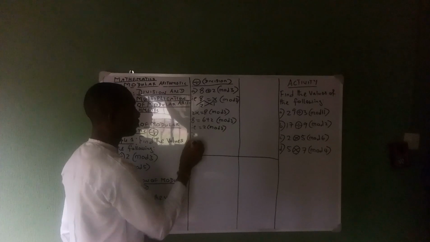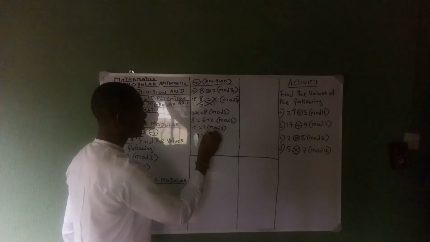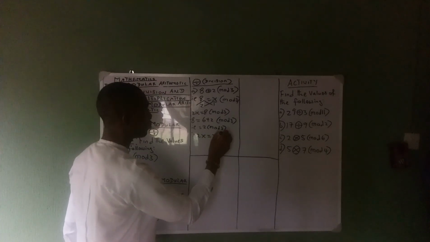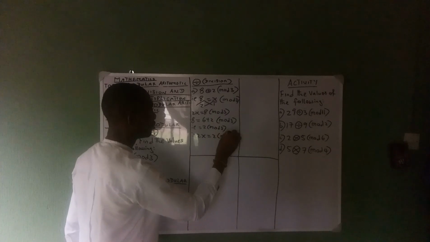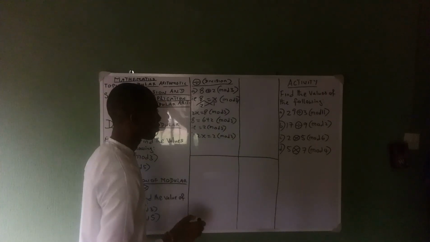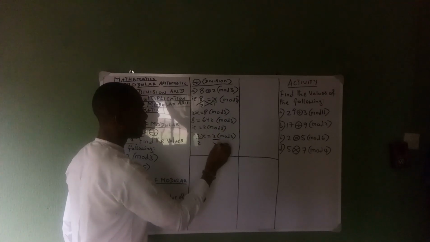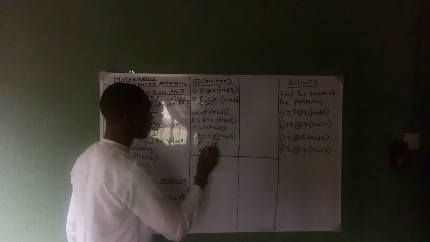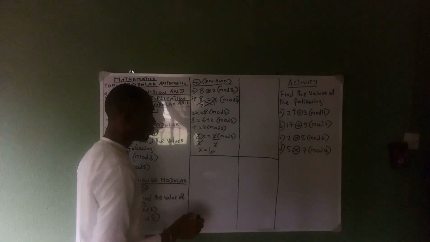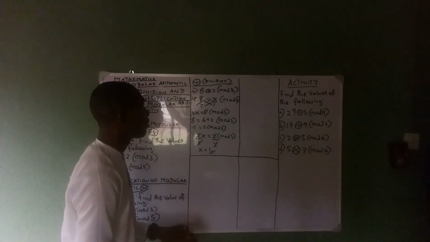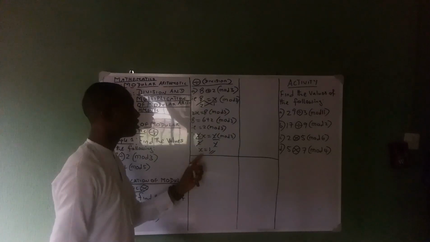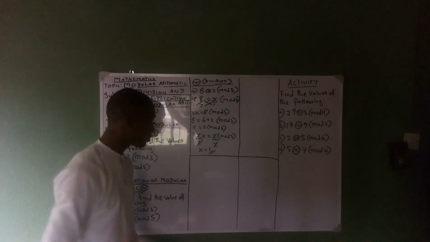So we say therefore this 2x is equals to 2 mode 3. Now to get our x now, we divide here by 2, divide here by 2. 2 cancel 2, 2 cancel 2. Our x now is equals to 1. So the corresponding value for x for 8 divided by 2 is equals to 1.